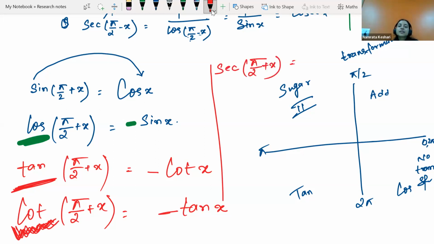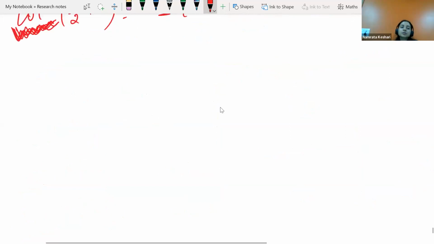Sec will change to cosec. Now the question is positive or negative. So you tell me, is it positive or negative? Positive. Why? This sec theta is positive in the second quadrant. Negative. Okay, I'm showing you the concept.